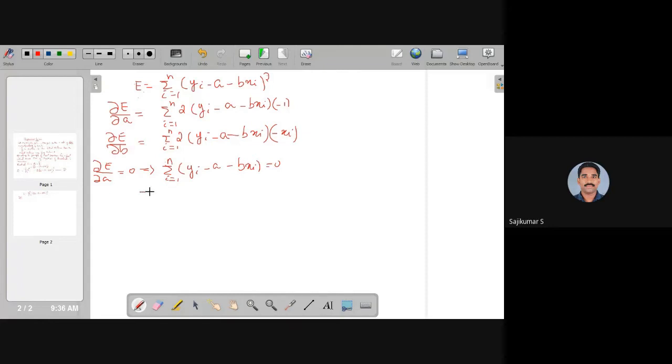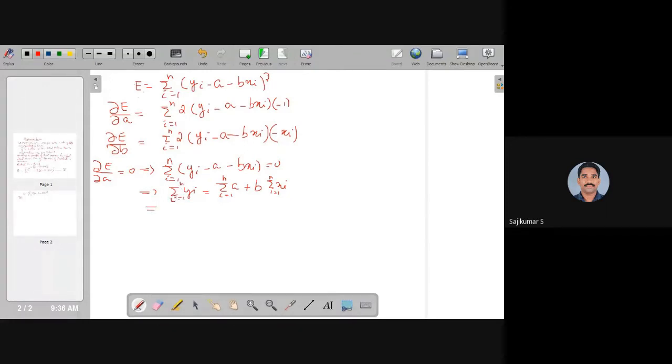So splitting this summation notation into the three terms and transposing the second and third term to the right, we get sigma yi is equal to sigma a plus b into sigma xi, where i varies from 1 to n in each.